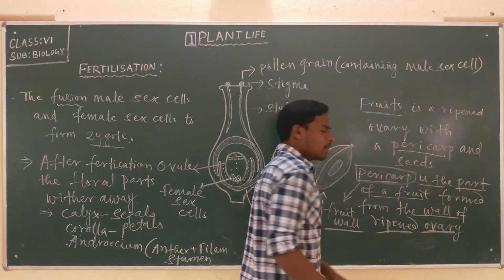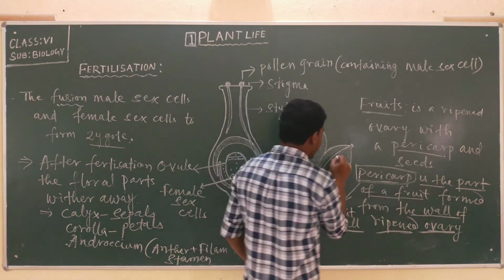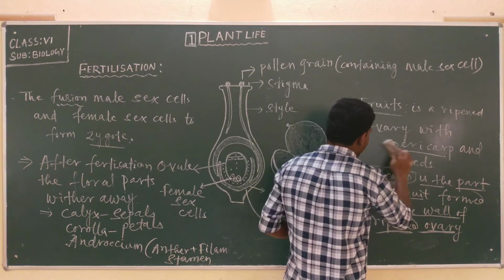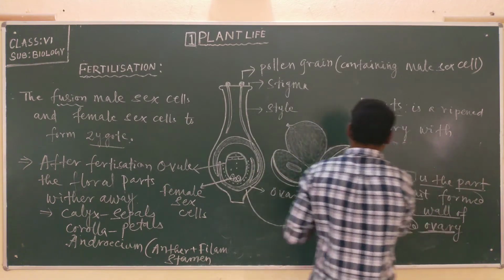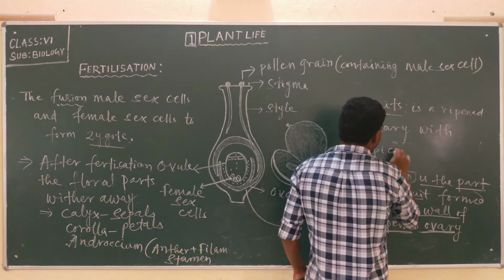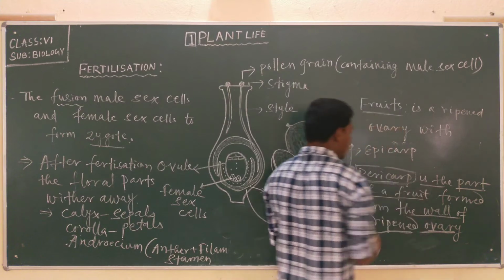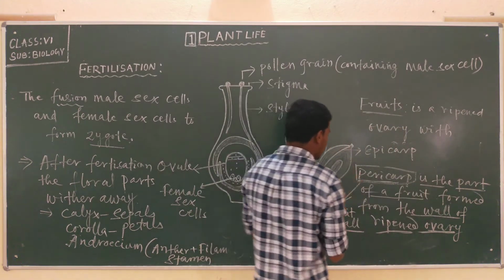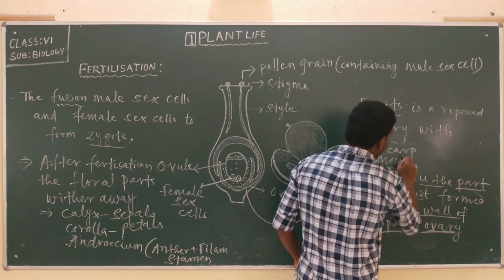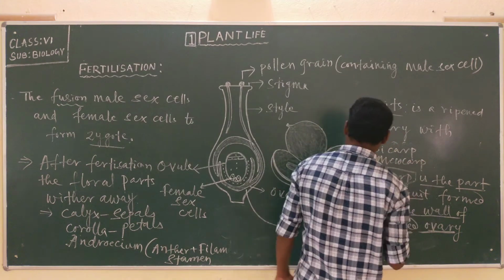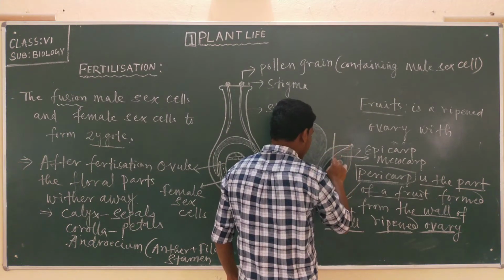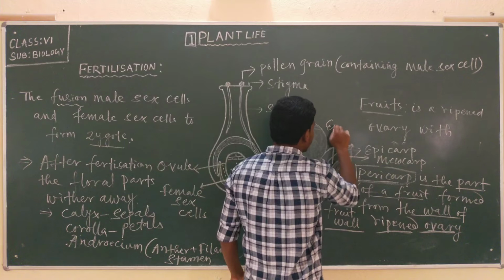So the first layer is known as epicarp, that means it is present at the outermost. The middle layer is known as mesocarp, and the inner layer is known as endocarp.